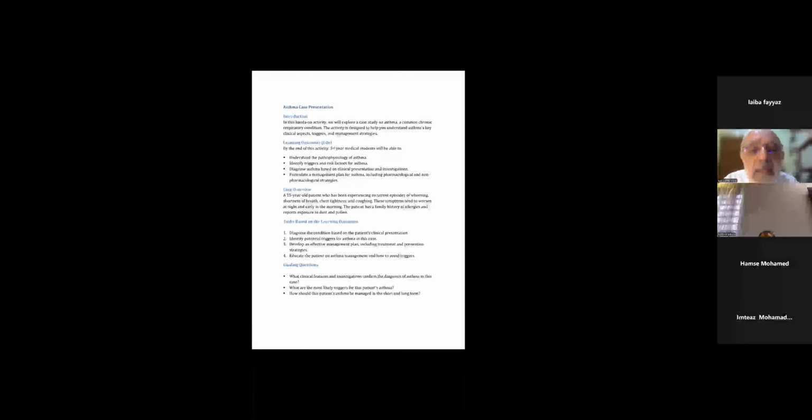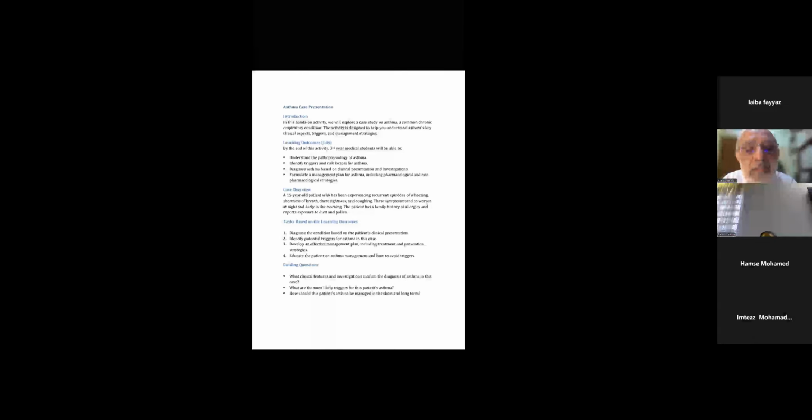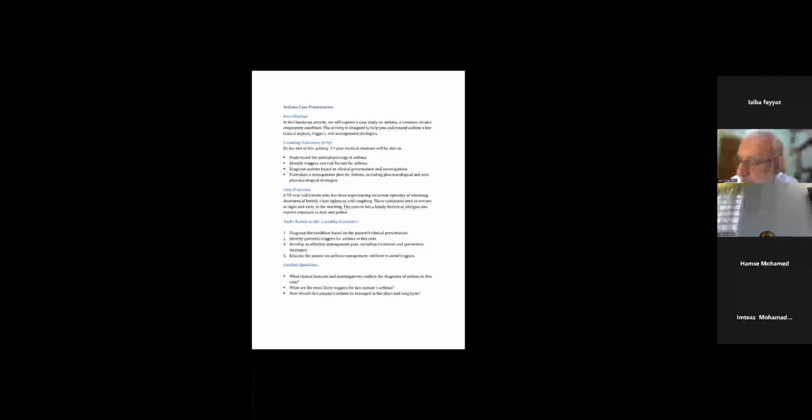So in third year, I think this is a very, very suitable case for year 3 because asthma is so common. And you are relying on history and physical examination. As you said, asthma is mainly a clinical diagnosis. So it can make a very good case-based learning session in terms of case presentation.